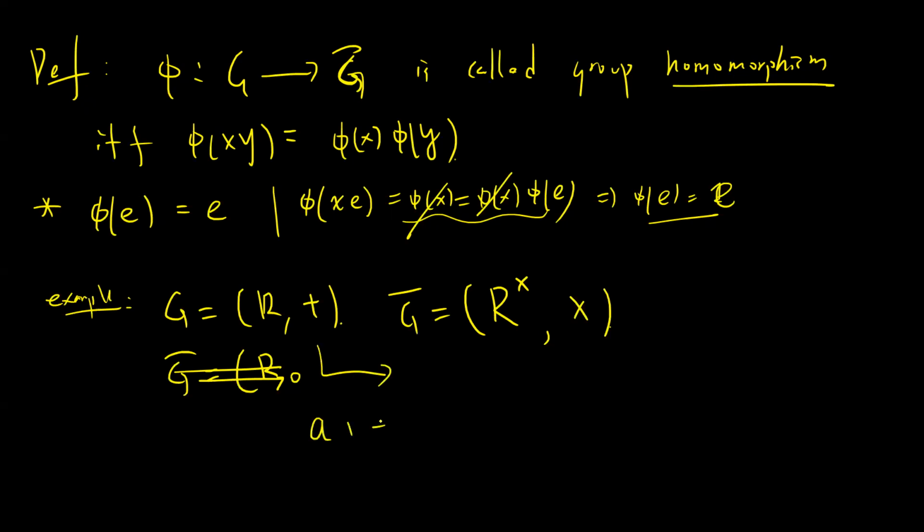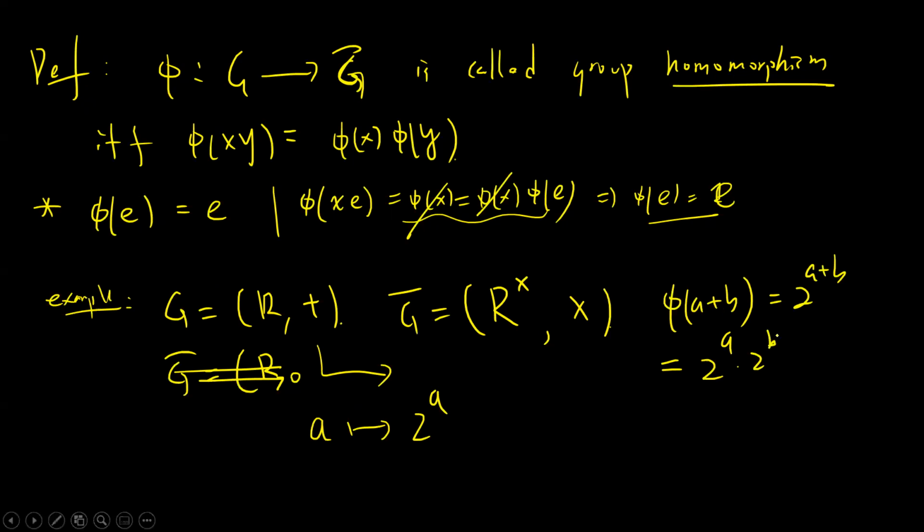We can map a to 2 to the a. This is a homomorphism because 2 to the a plus b will be exactly 2 to the a times 2 to the b.